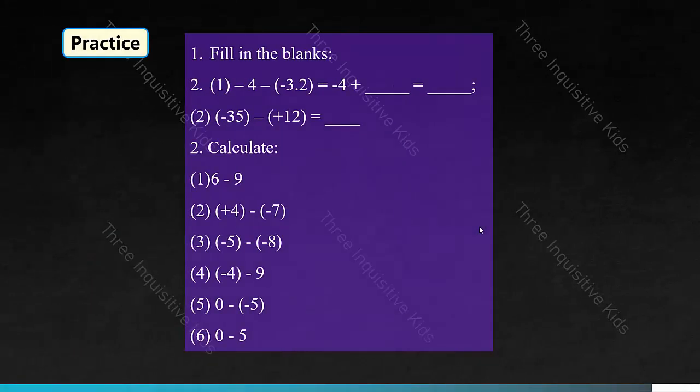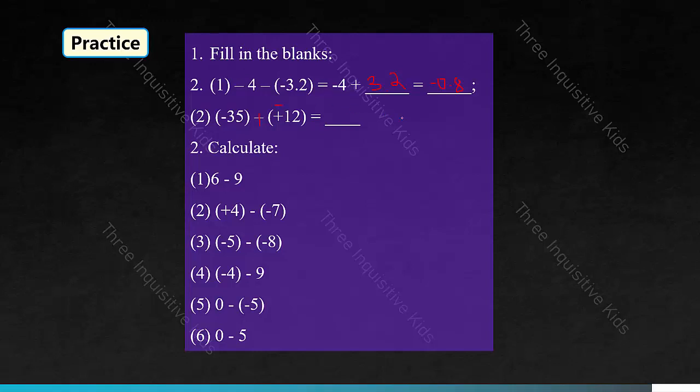And we have even more practice. Fill in the blanks. Negative 4 minus negative 3.2 equals negative 4 plus positive 3.2, which equals negative 0.8. And here we have negative 35 minus positive 12, which is essentially adding a negative 12.